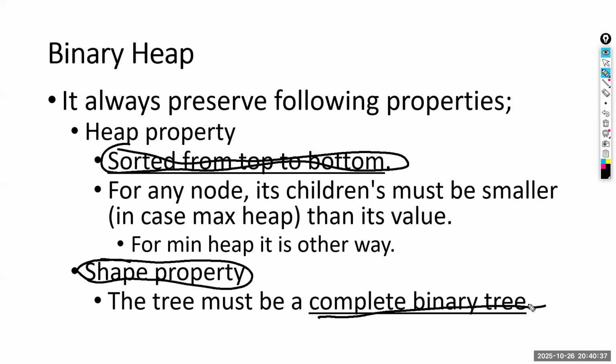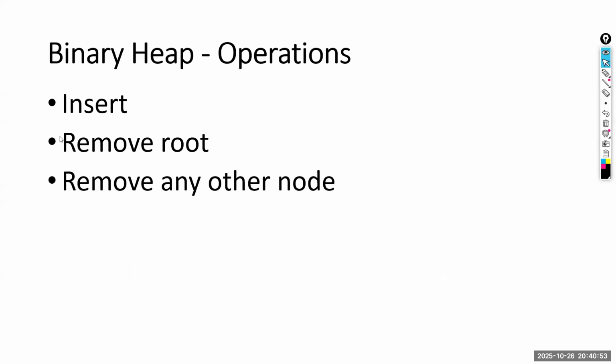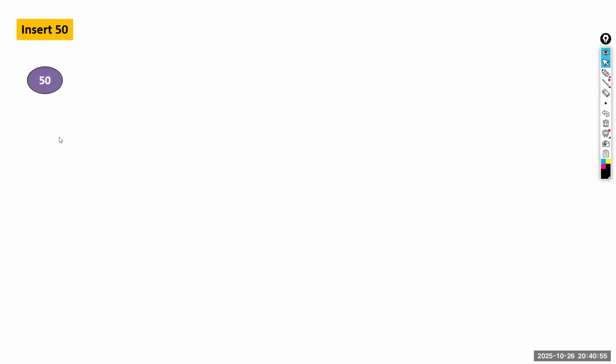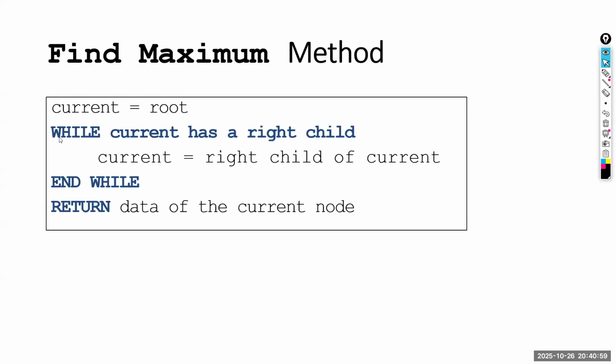I have already explained what a complete binary tree is, right? Remember in the very first session we discussed binary trees, complete tree, full tree, and so on. So let's get back to complete tree.